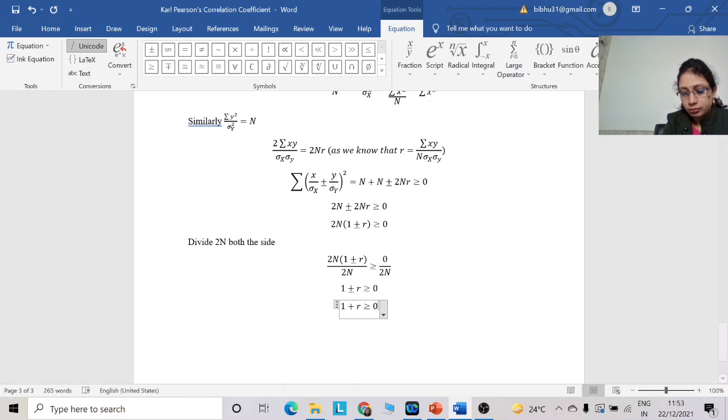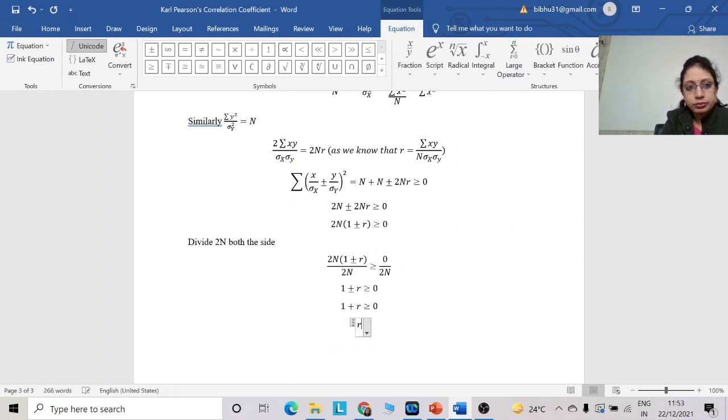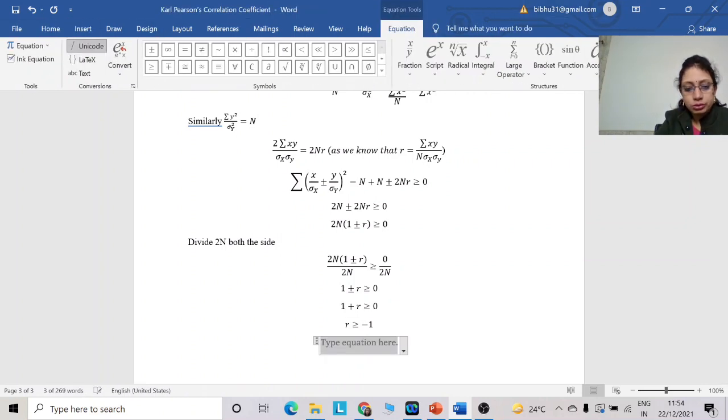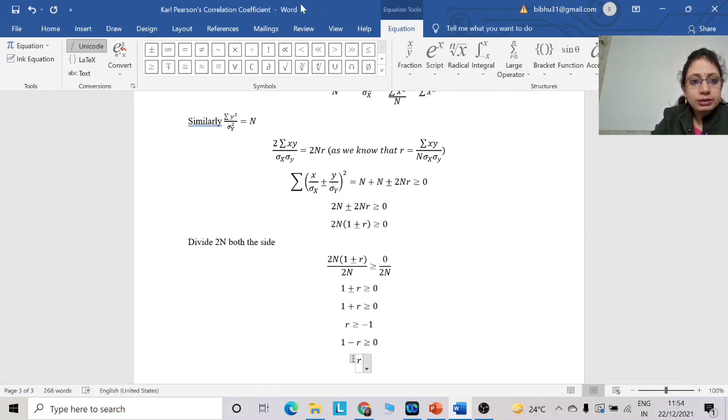So we can write r greater than or equal to minus 1, and then the next one is 1 minus r greater than or equal to 0, which you can write in the next step as r less than or equal to plus 1.